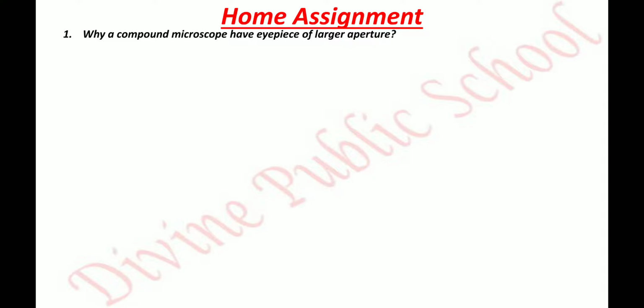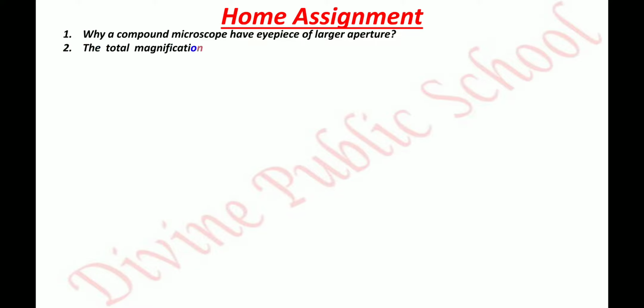If you have listened to the whole lecture very carefully, in the very beginning I have told you why it is so. Let me give you a hint. It is related to the brightness of the image. If you have missed that, listen to the lecture again, and within the first 5 minutes you will get your answer.